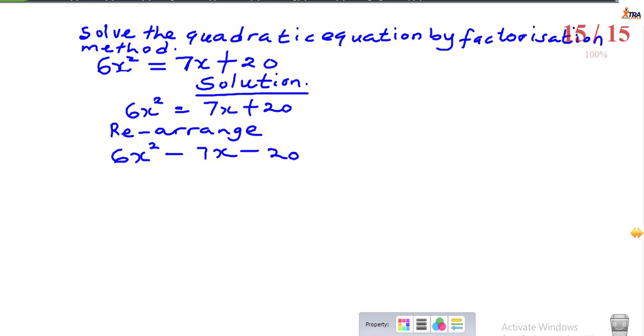Rearrange on the left hand side, and on the right hand side you leave 0.